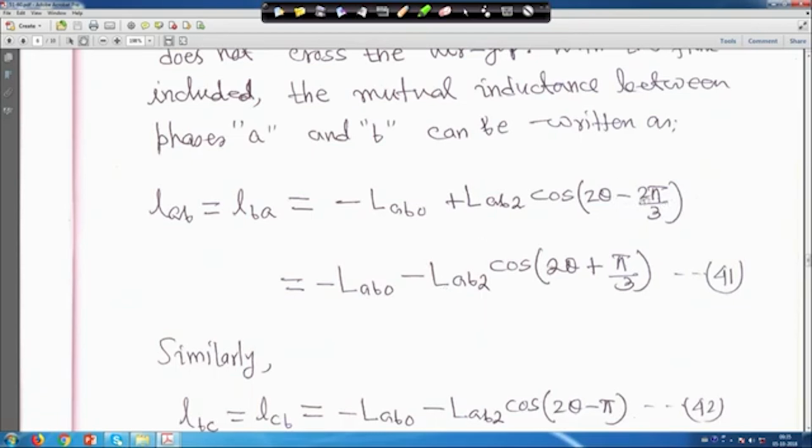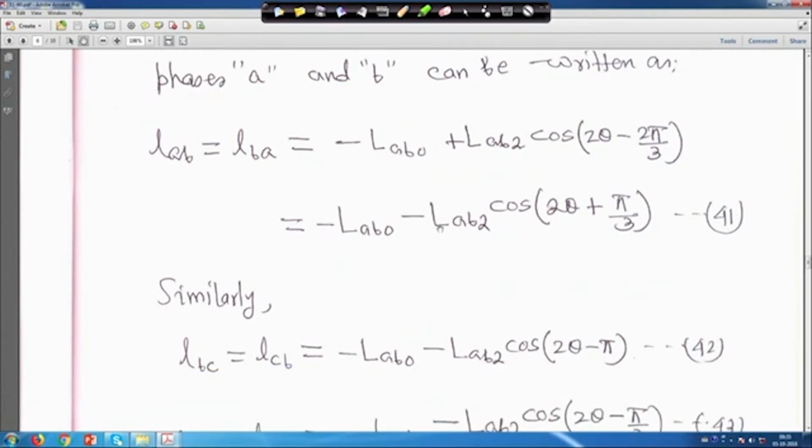After simplification this can be written as cos of 2 theta plus pi by 3. This is equation 41. Do this little bit from your side, I am writing directly. This equation can be written like this, but here it is plus, now it is minus, and it is 2 theta plus pi by 3. Similarly, L A B is equal to L B A.